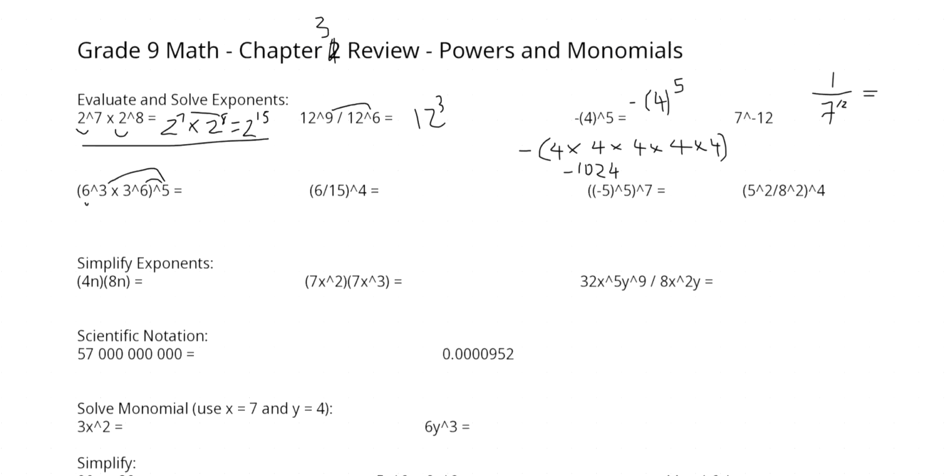So now we have to say 6, and we're going to express, so 3 times 5 is 15. So we're going to say 6 to the power of 15 multiplied by 3 to the power of 30. And we just have to leave it like that because we're basically evaluating.